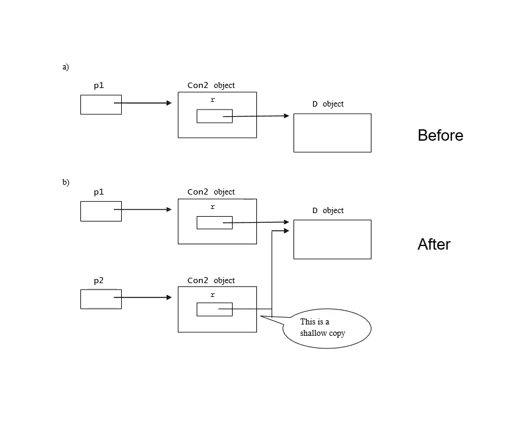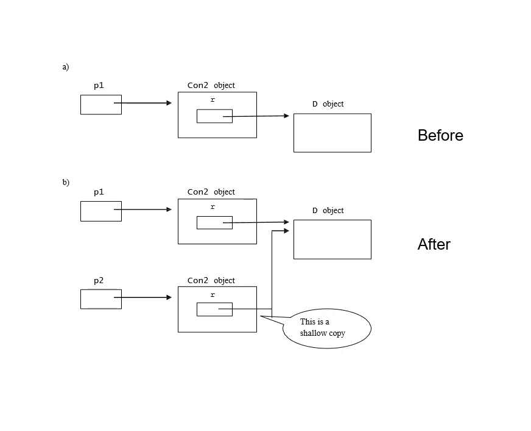Now, if we have a copy constructor and we just simply do what the previous example does, just make a copy of the instance variables, this is what we're going to get. The after picture here is what we're going to get. If we call a copy constructor that just takes the pointer in R for the original Con2 object and places it in the R field of the new one, we get a second object, right?